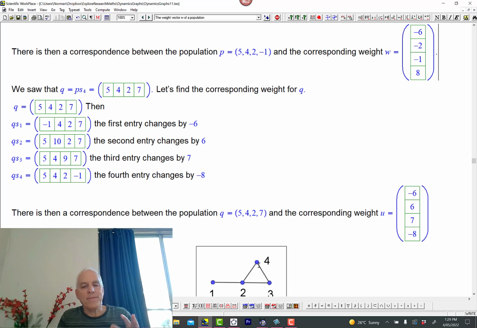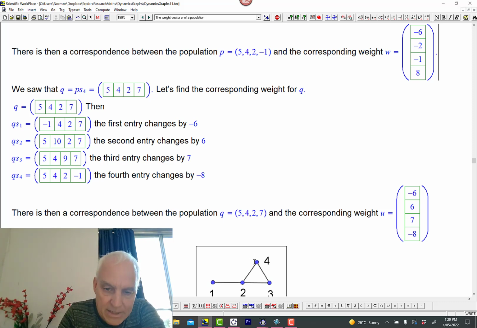You see, so that's somewhat sort of opposite to what happens with the mutation, right?